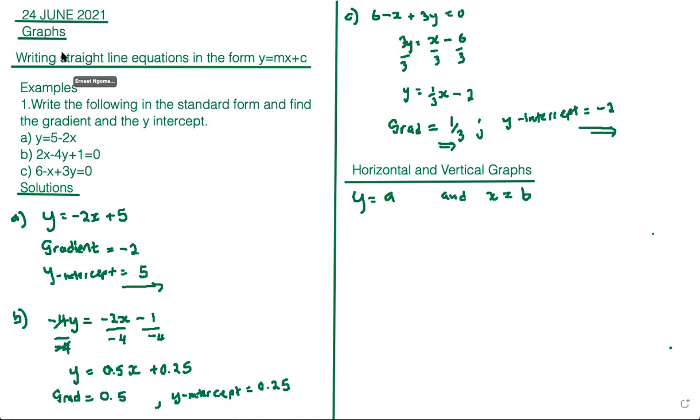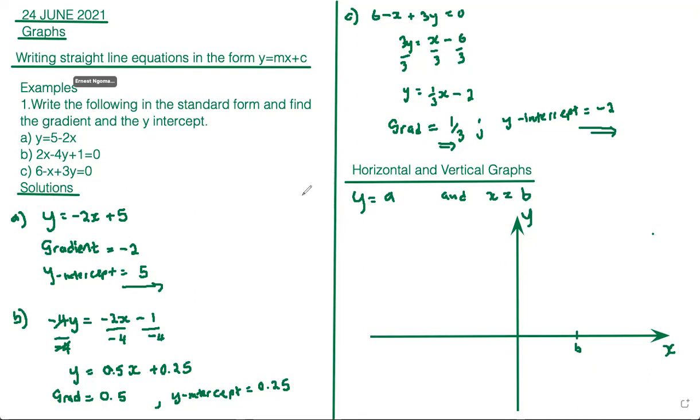So let me show you which ones are vertical graphs. Let's say this is our Cartesian coordinate plane. This is the x-axis, and this is the y-axis. If I say x is equal to b, let's say b is right here, it means that on this graph, x is not changing, it remains b.